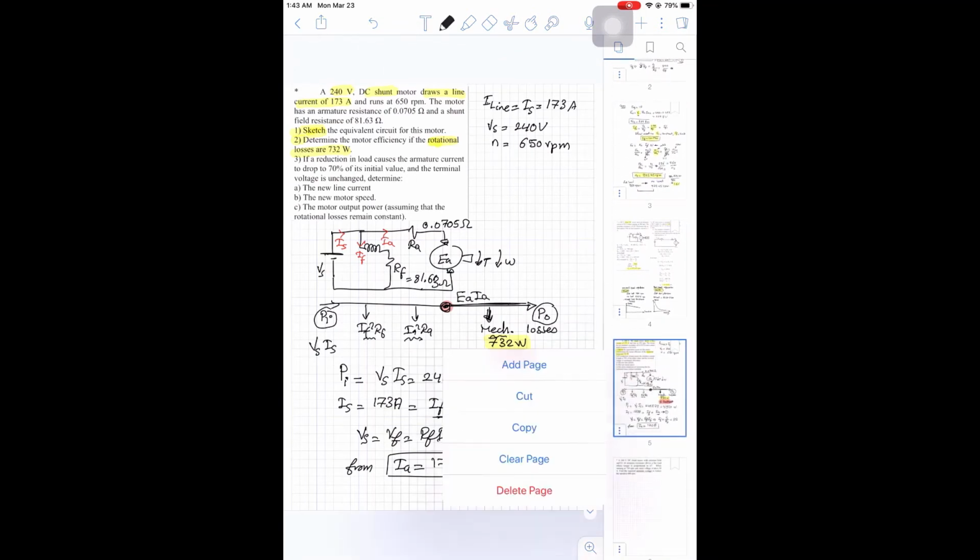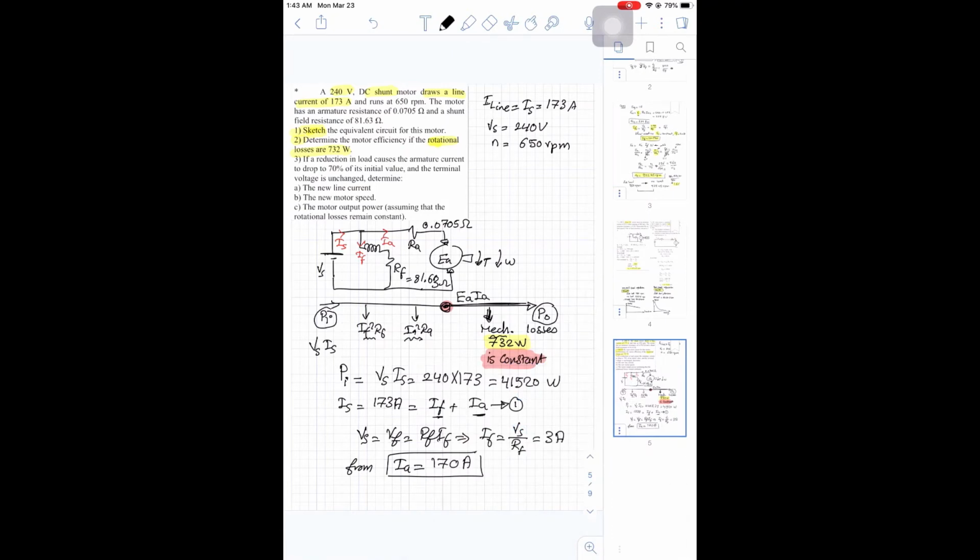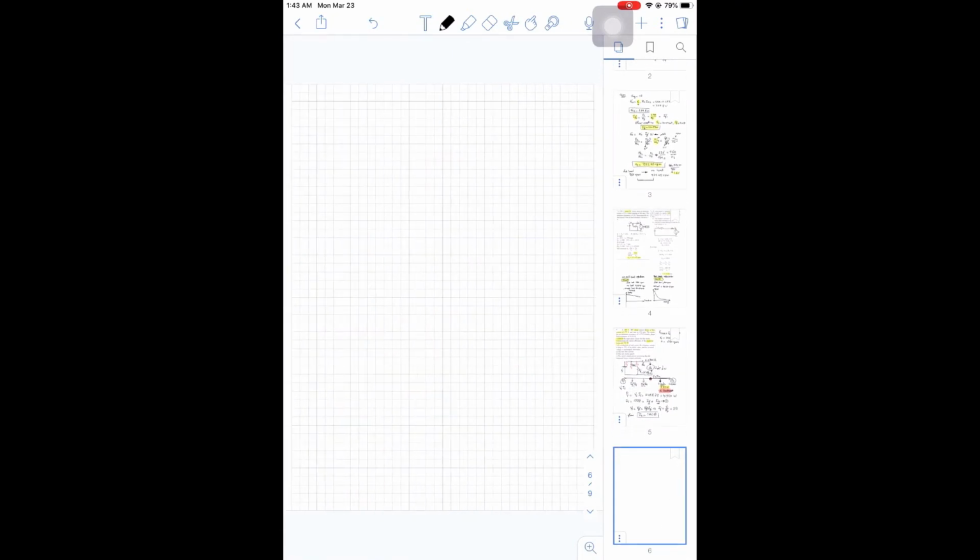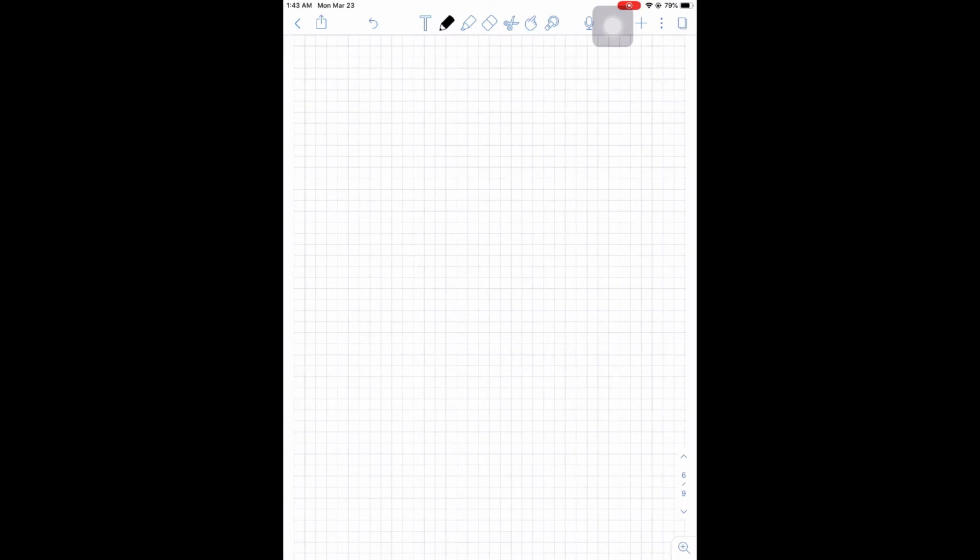Now we have IA as 170 amperes. We can calculate EA as V source minus RA IA, which is KVL in the armature circuit. So 240 minus 0.0705 multiplied by 170 amperes, and we calculate EA to be 228 volts.